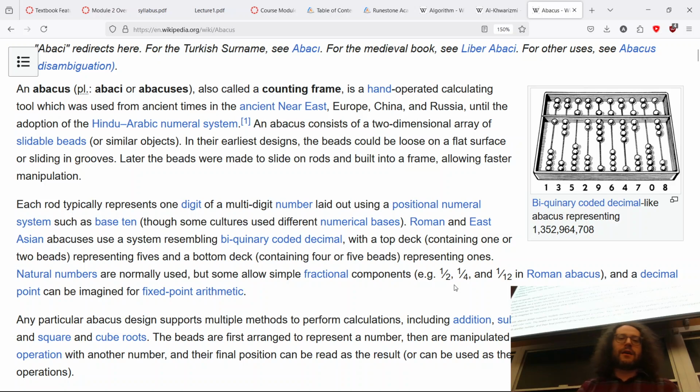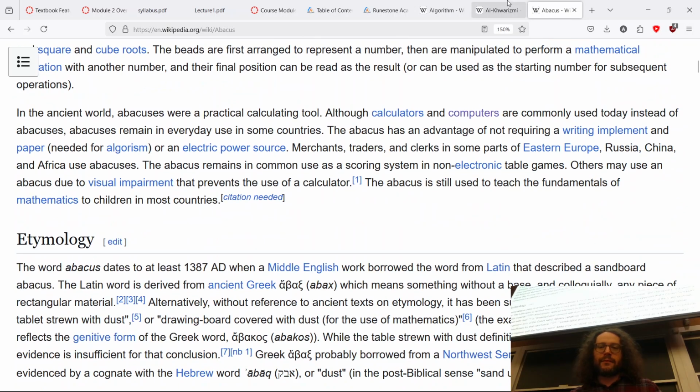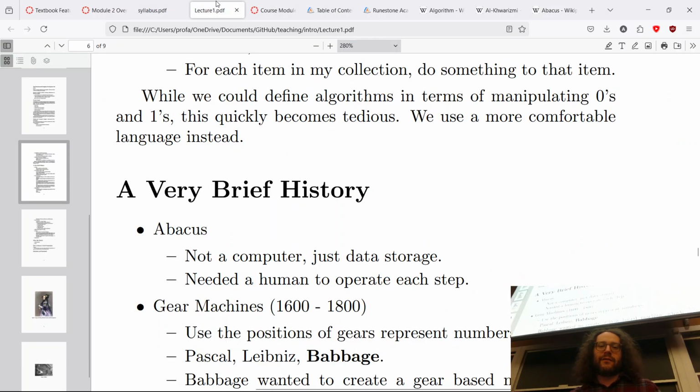Various cultures have created their own abacuses or different ways of doing some kind of counting. But the point is that it was a tool allowing humans to extend their own mental capabilities, a tool for writing stuff down, essentially.